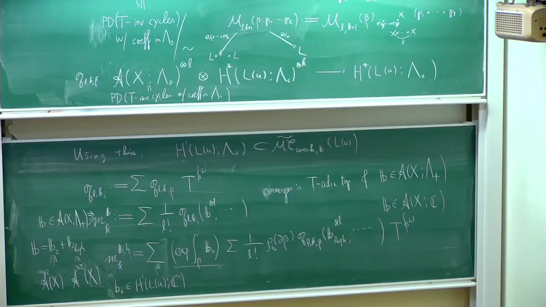So for B from this A of x of lambda 0, we have MKB. This is the bulk deformed filtered infinity structures.